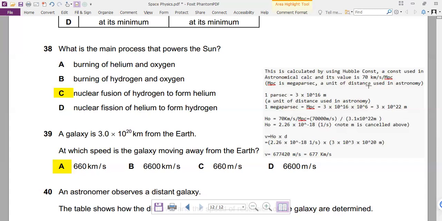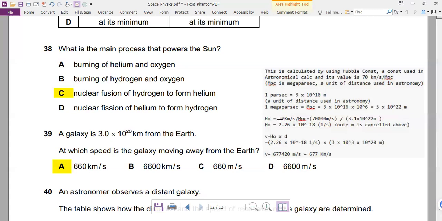Megaparsec is a unit of distance used in astronomy. 1 parsec is 3 into 10 power 16 meters. That's a constant, and it's a unit of distance in astronomy. So 1 megaparsec, multiplying with mega, 10 power 6, gives you 3 into 10 power 22 meters. Carefully remember this calculation and then go on.